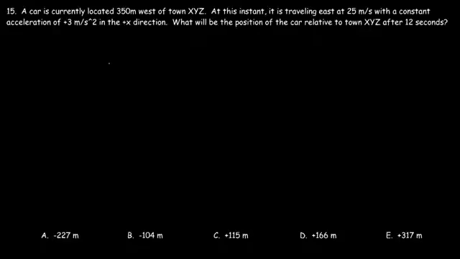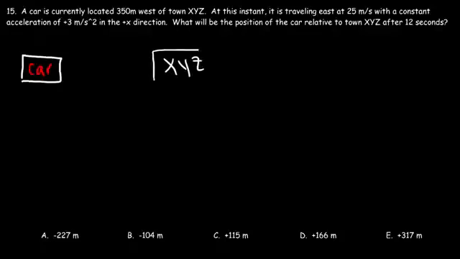So let's say this block represents the car. And let's say here is town XYZ. So town XYZ on the x-axis will be position 0.